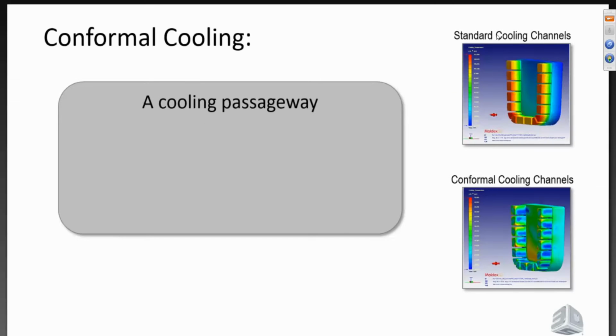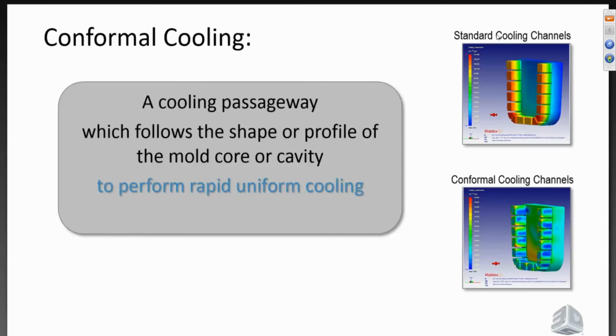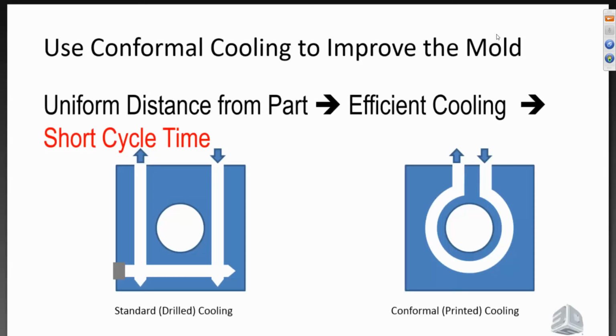The purpose behind conformal cooling is to rapidly and uniformly cool the part. In the graphics you see a couple of examples: a standard cooling channel with a lot of heat left in the deeper parts of the core, versus conformal cooling, where the idea is to get all the heat out at once in a uniform measure. There are a couple of important reasons why we do that.